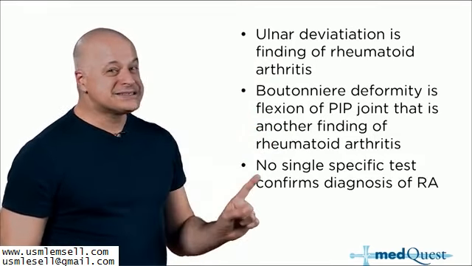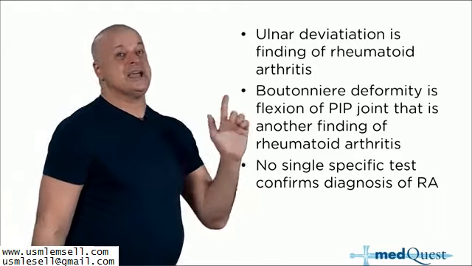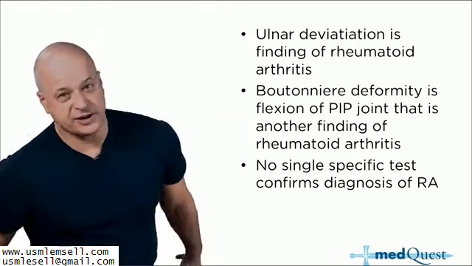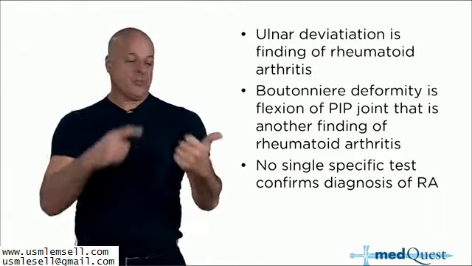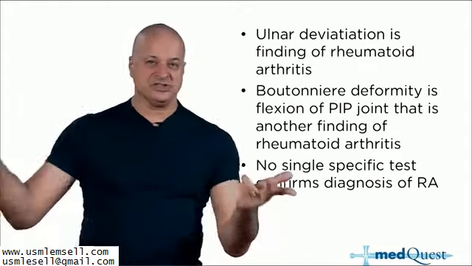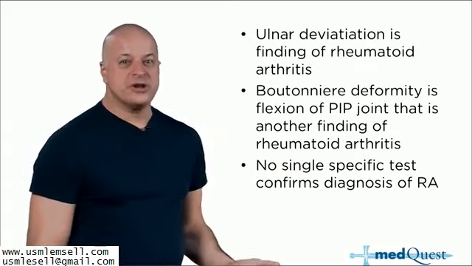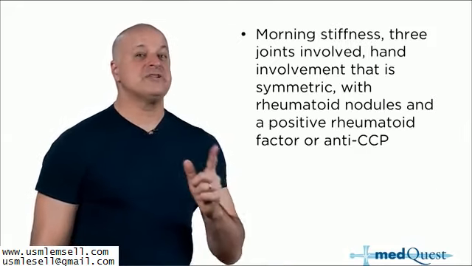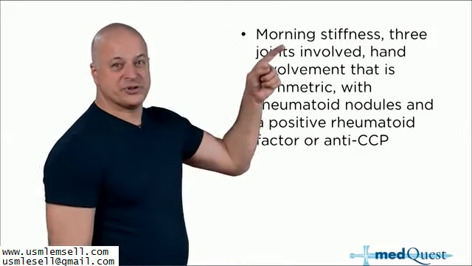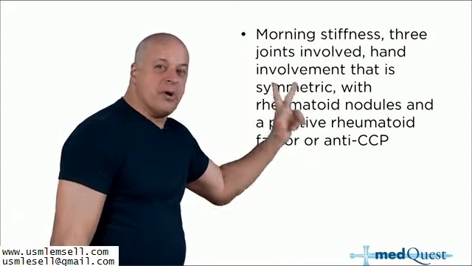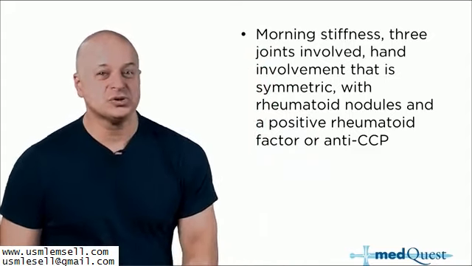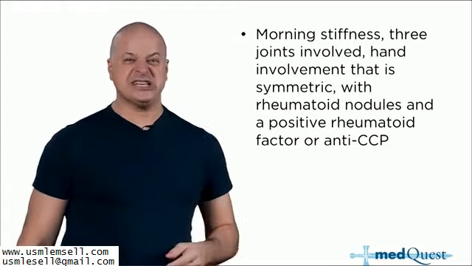So it's not a single test that diagnoses it. In other words, if you had a cyclic citrullinated peptide but you didn't have morning stiffness going on for months, you just had a cyclic citrullinated peptide alone, it wouldn't be rheumatoid arthritis. To be rheumatoid arthritis, you have to have multiple things. Morning stiffness, multiple joints. Nodules are not necessary, but they're suggestive.